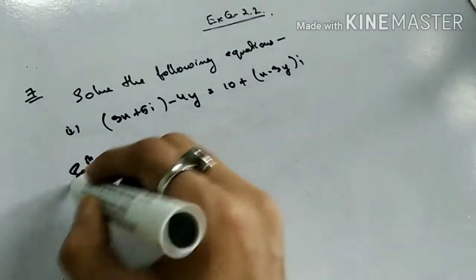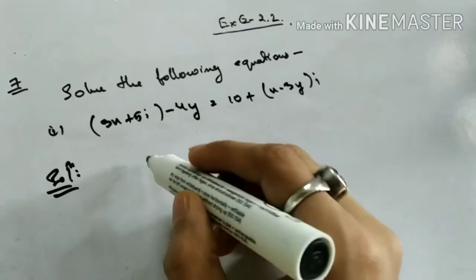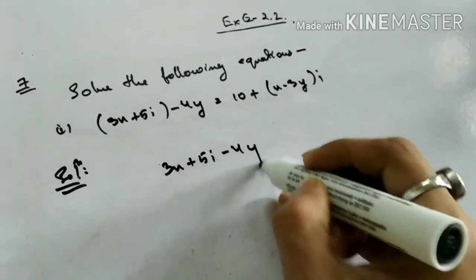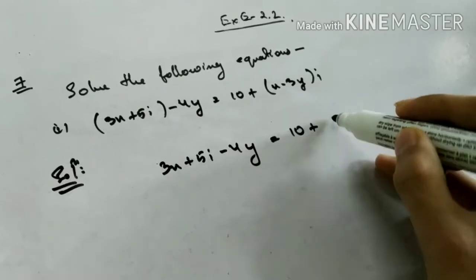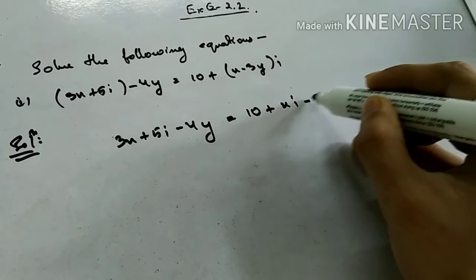So solution here. 3x plus 5i minus 4y is equal to 10 plus xi minus 3iy.